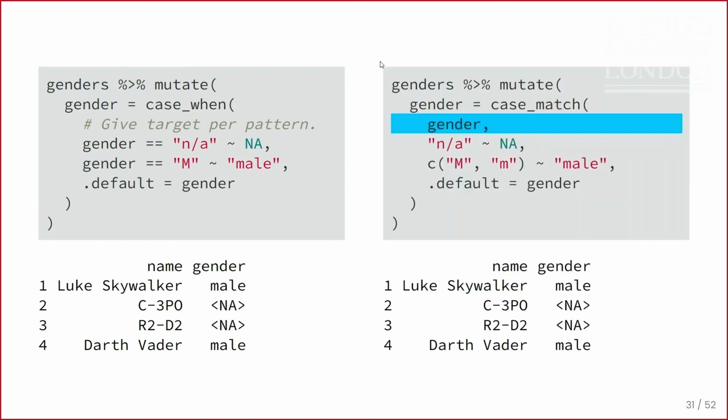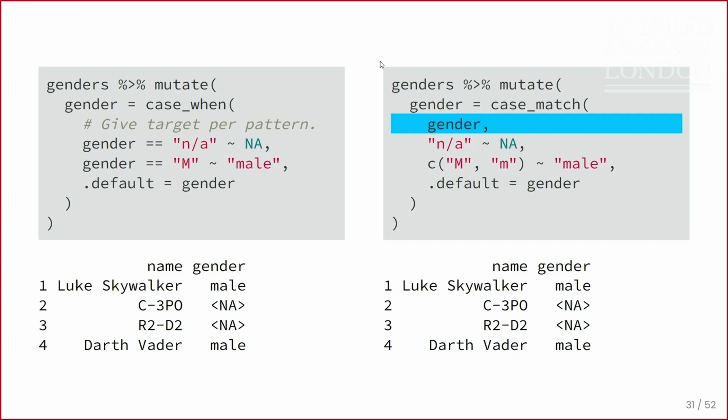Now case match accepts the column that you're interested in as the first argument. And this means that each of the subsequent formulas is now much more focused. You've got the value that you're matching on the left-hand side and whatever you're wanting to replace it with on the right-hand side. And there's a bit of flexibility here.